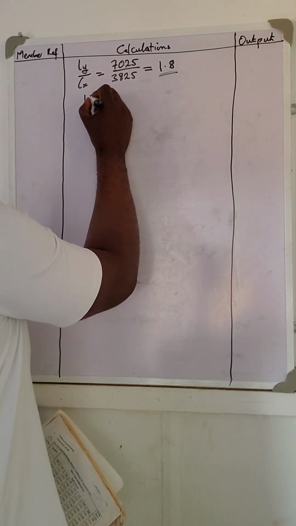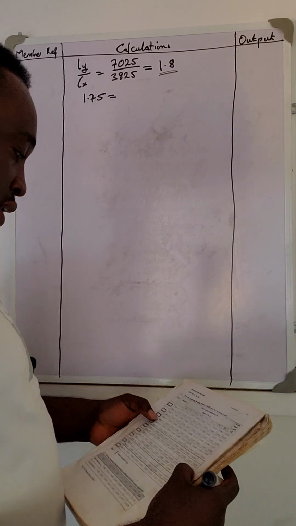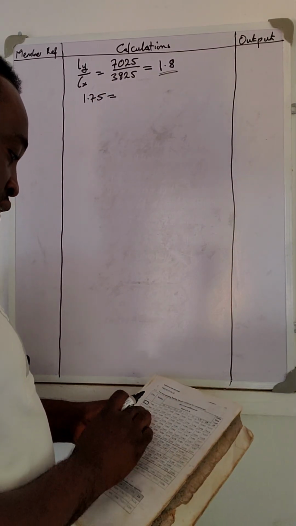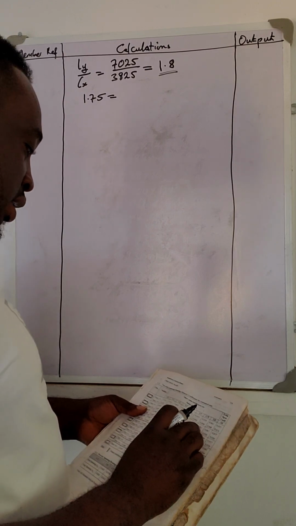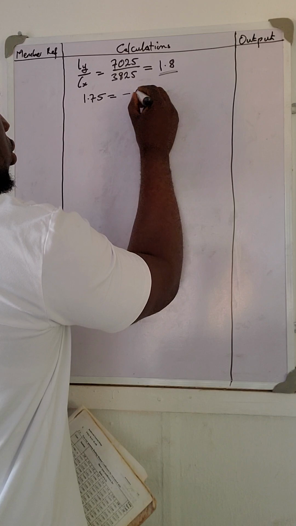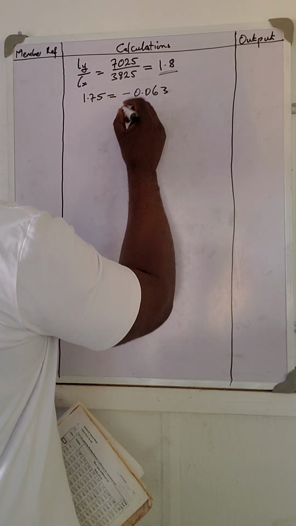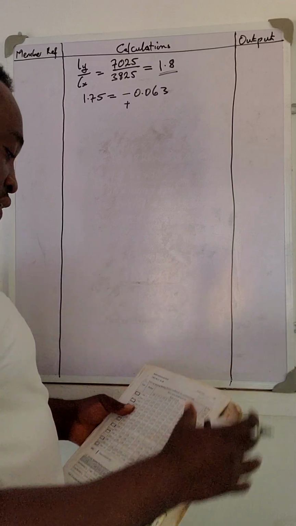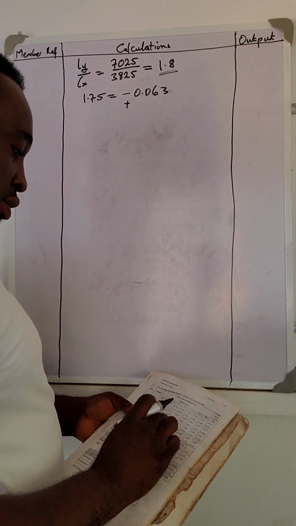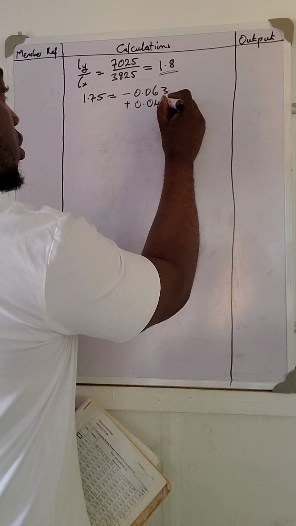For 1.75, we have for the negative moments 0.063. Then the positive moment we have 0.047.